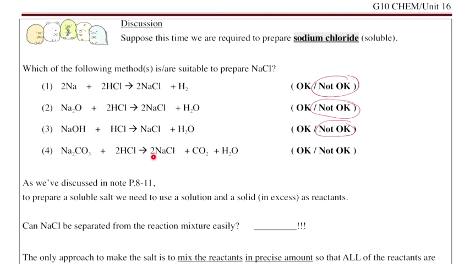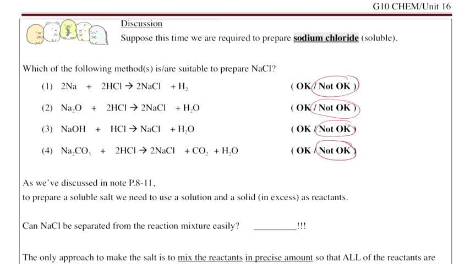How do we separate sodium chloride in the mixture from the unreacted sodium carbonate or hydrochloric acid? All of them are soluble, colorless compounds, and we cannot easily separate them. So again, I would say this method is not practical.